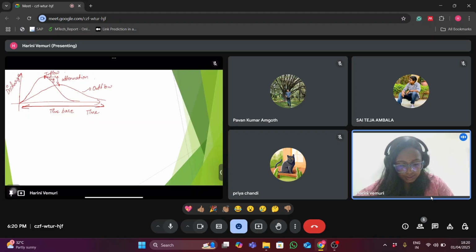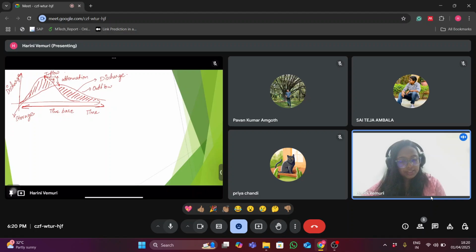Also, one more important thing that you have to notice: the area in between the rising limb of both inflow and outflow hydrograph will give us the storage in the reservoir, the amount of water that is stored in the reservoir, and the area between the falling limbs of the inflow and outflow hydrograph will give us the discharge from the reservoir.